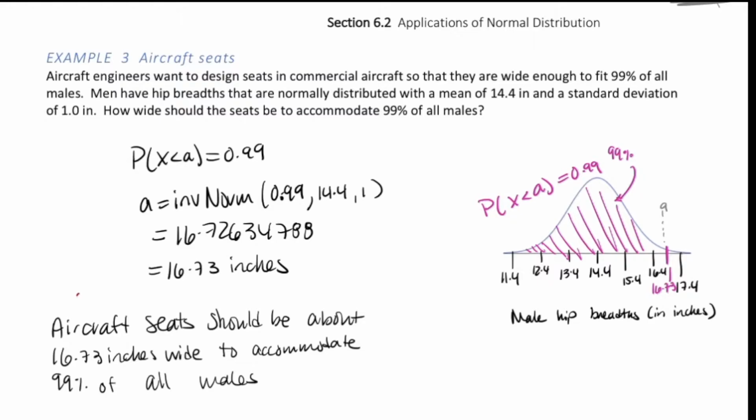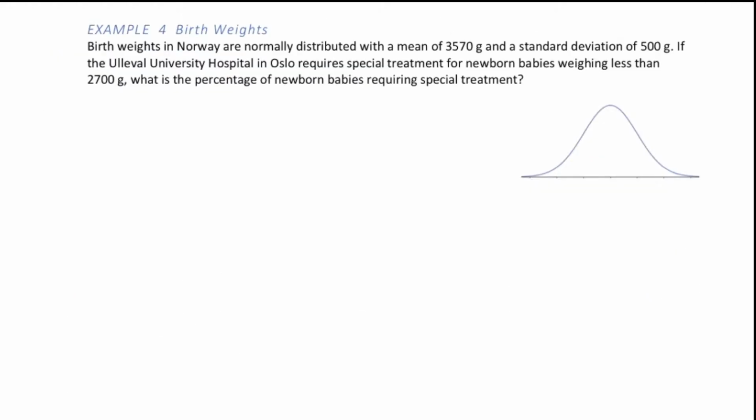Let's look at example 4. Birth weights in Norway are normally distributed with a mean of 3,570 grams and a standard deviation of 500 grams. If this hospital in Oslo requires special treatment for newborn babies weighing less than 2,700 grams, what is the percentage of newborn babies requiring special treatment?